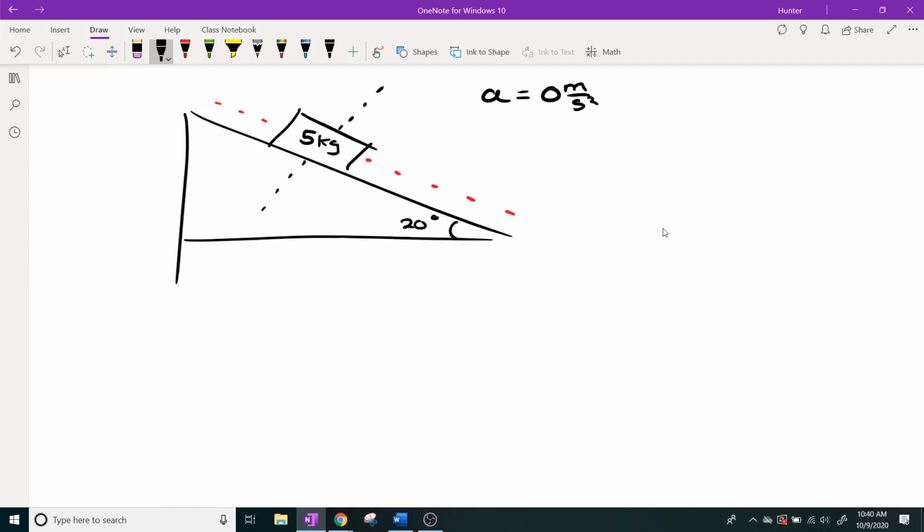If we do our free body diagram, here's the dot in the middle. We have some forces here. How many forces do I have acting on this object? You gave me one too many. Gravity, normal, frictional.